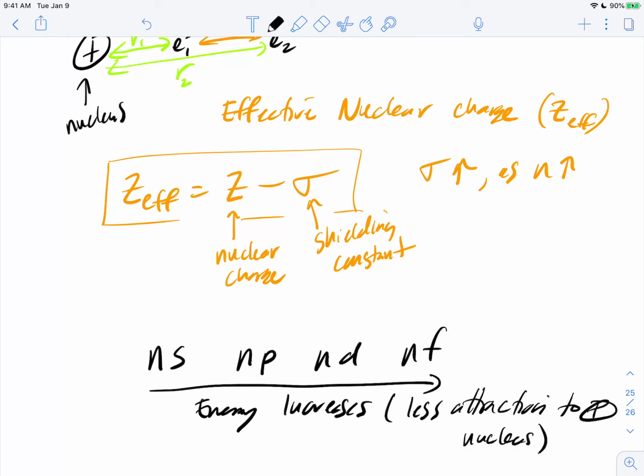So within a multi-electron atom, the s orbital is going to be closer than the p, than the d, than the f. And then as n increases, we also see the attraction going down.